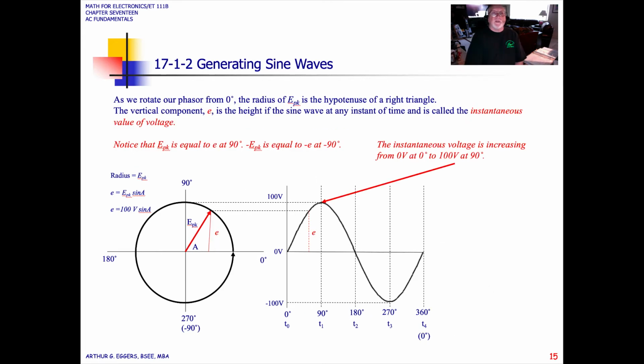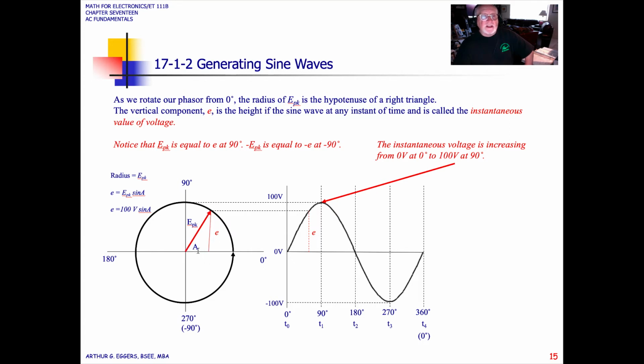So as we rotate our phasor from 0, the radius of the peak voltage then becomes the hypotenuse of the right triangle. So we have the hypotenuse, which is the fixed value or the fixed length of that radius, and then we have two components.